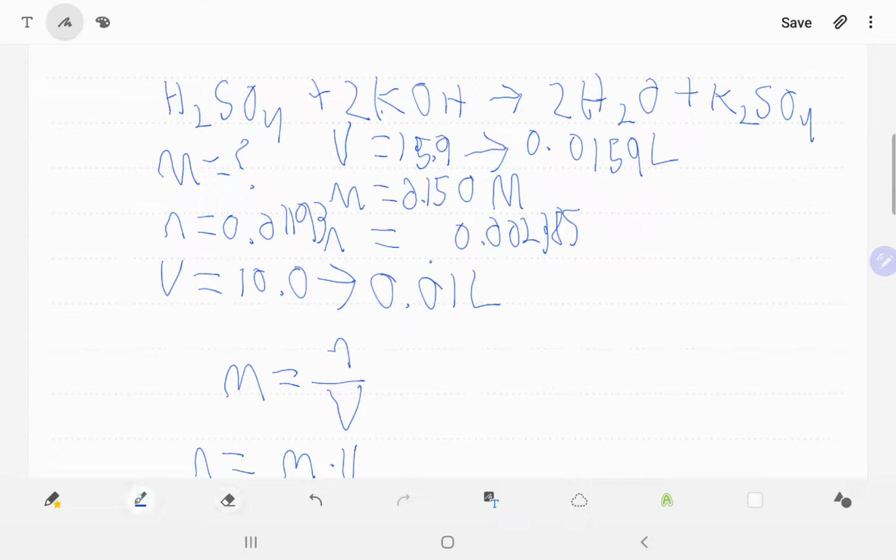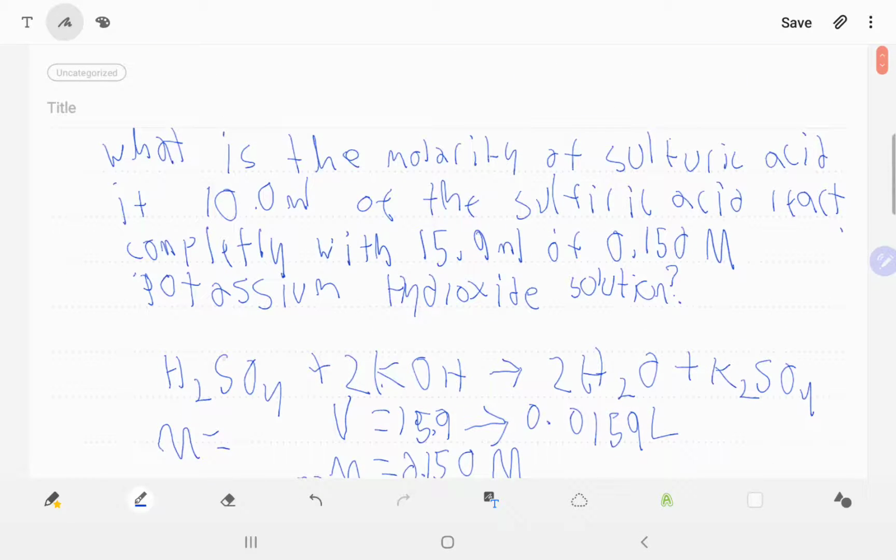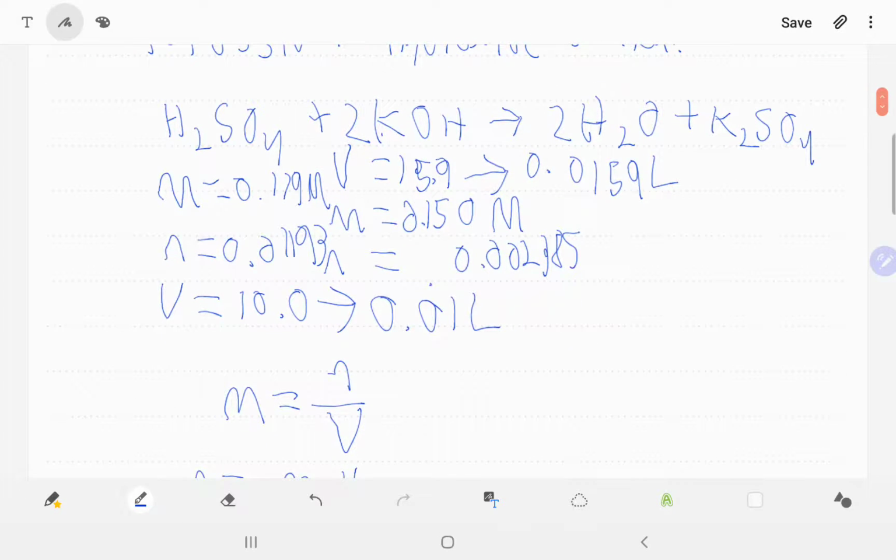And finally, for your big M, 0.119 M. And now you have solved for everything, and you have finished your stoichiometry solution. Next, we will be doing net ionic equations.